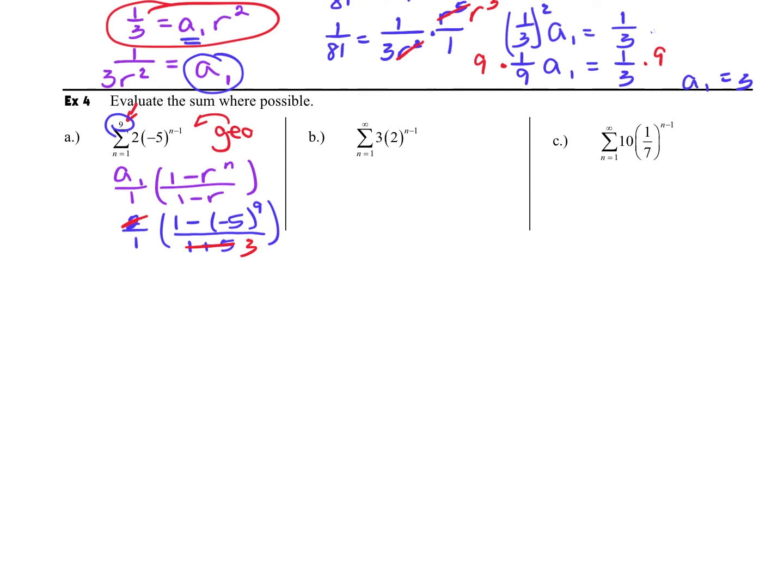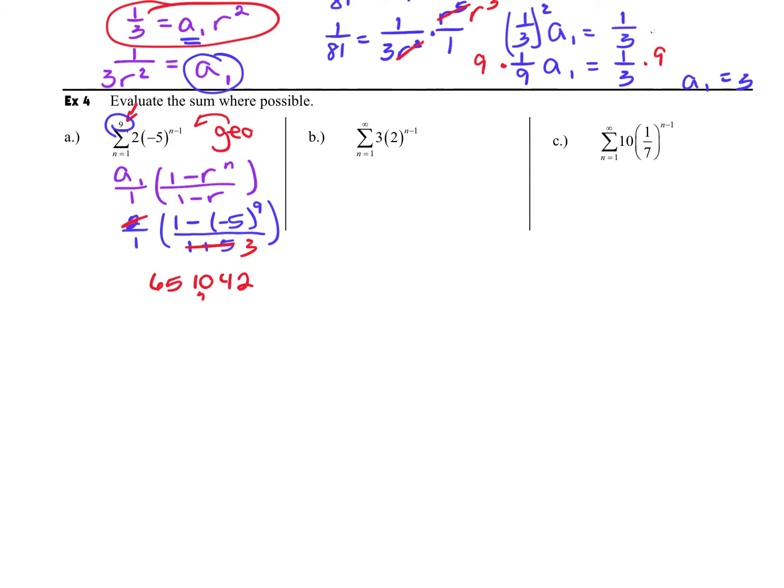So when I do this 1 minus, this is going to give me something negative, so this is going to flip to something positive when I'm done. And when I type this in my calculator, I'm going to get a final answer of 65,1042. Sorry, not 65,000, 651,042. Sorry, I was reading that from the calculator wrong there.